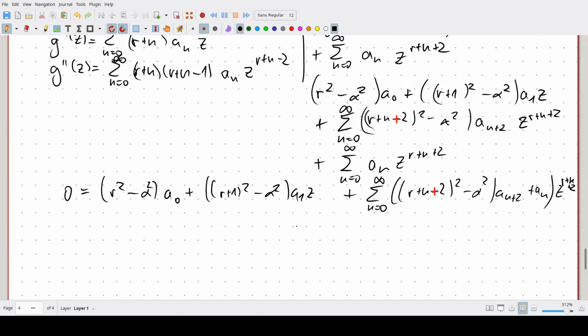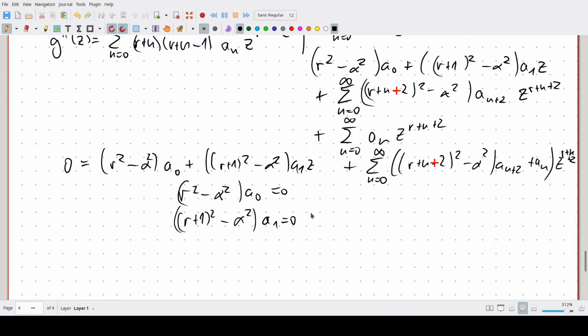By leveraging linear independence, we get (r squared minus alpha squared) a naught is 0, ((r plus 1) squared minus alpha squared) a1 is 0, and an plus ((r plus n plus 2) squared minus alpha squared) an plus 2 equals 0.